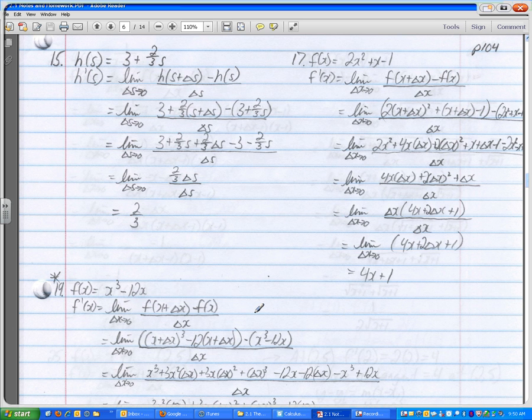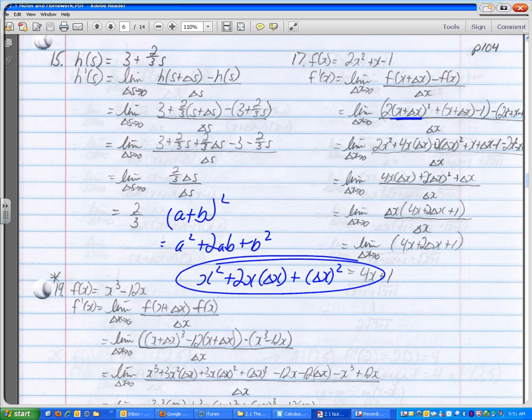So, when I square a plus b, I get a squared plus 2ab plus b squared. So when I square, and I'm thinking all this in my head when I'm working this, when I square x plus delta x, I get x squared plus 2x delta x plus delta x squared. I know that's what I'm going to get.